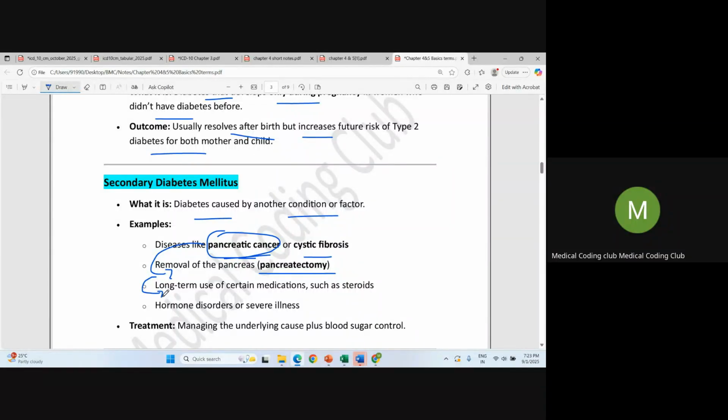That adverse effect led to diabetes. Then again we consider it as secondary diabetes mellitus. So the main thing here, to call it secondary diabetes, is that the patient should have suffered with one more underlying cause. Because of that underlying condition, the patient is now suffering from diabetes mellitus. Then only you should call it secondary diabetes mellitus.